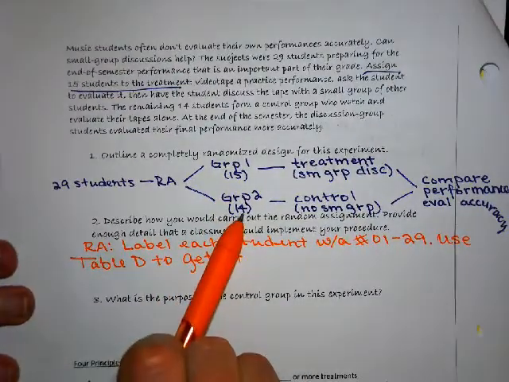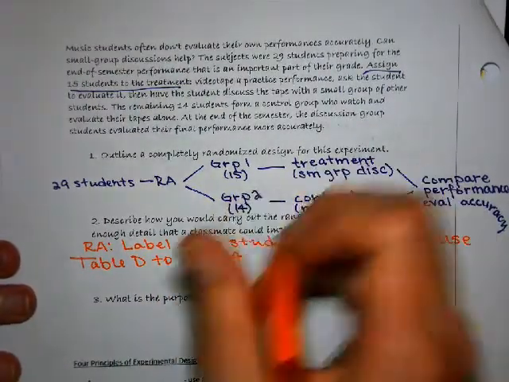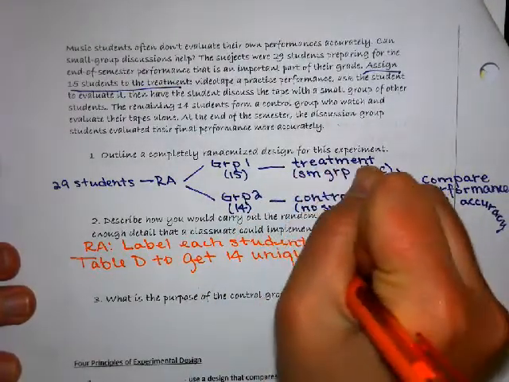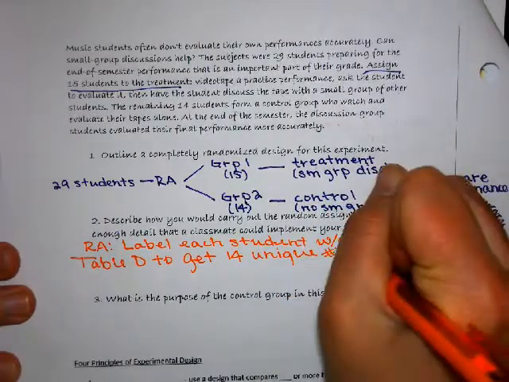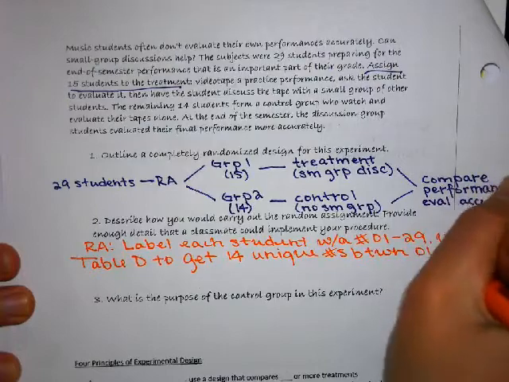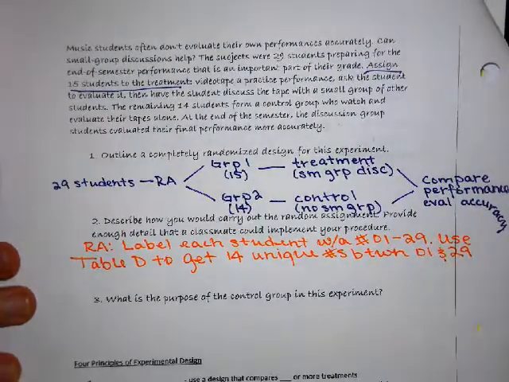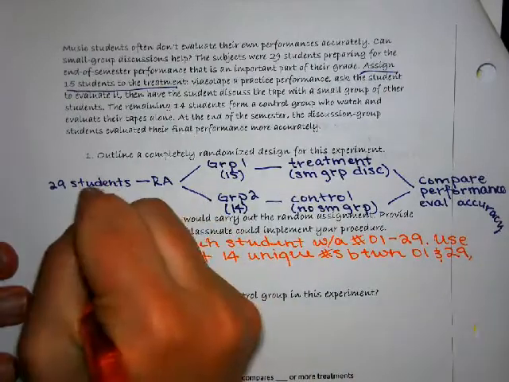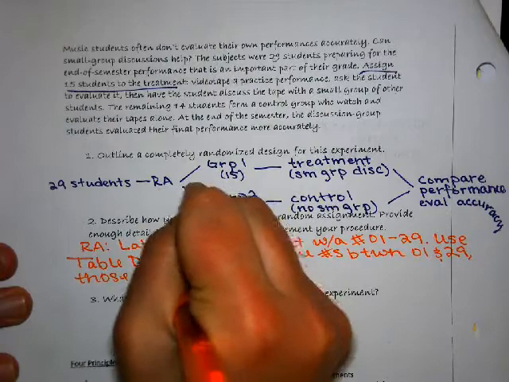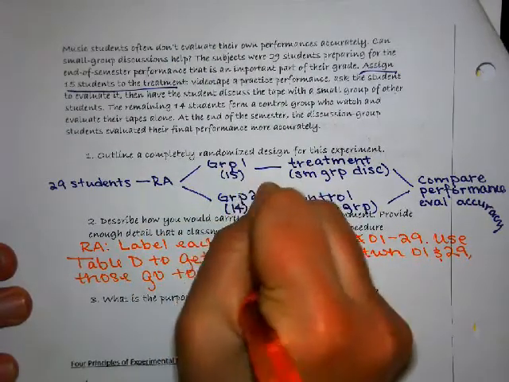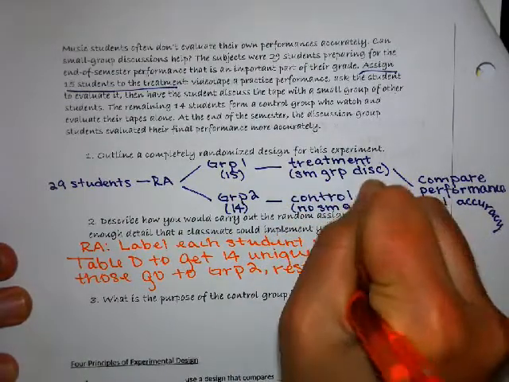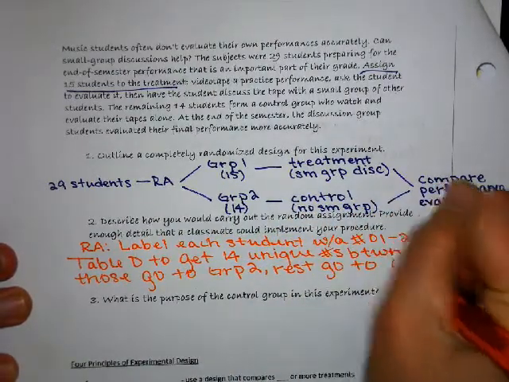To get 14 unique numbers between 01 and 29, those go to group 2. The rest go to group 1. Like I said, you might have done it a different way.